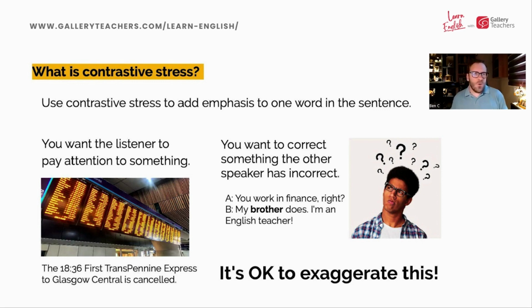In each of those, I changed one of the words that was stressed because it adds emphasis. So Glasgow Central, not Glasgow Edge, Glasgow Central. Or the 1836, not the 1839. Right? So we stress the thing that is different, the thing that we want to draw attention to.